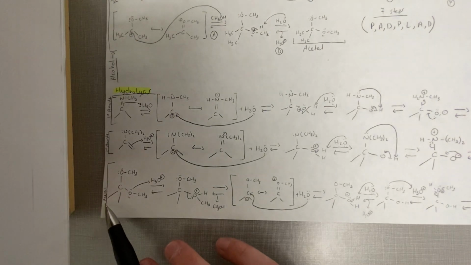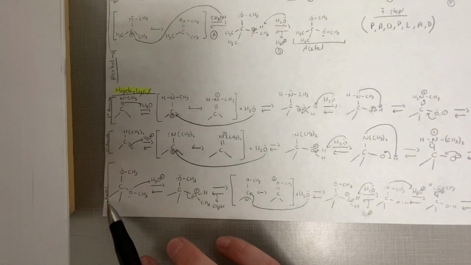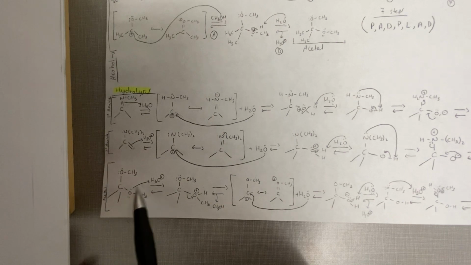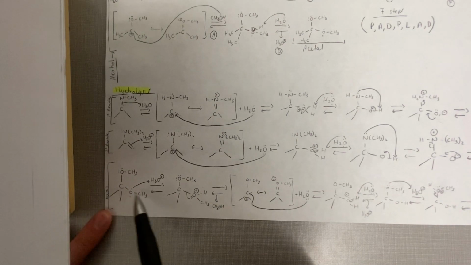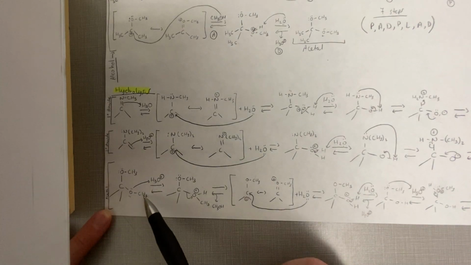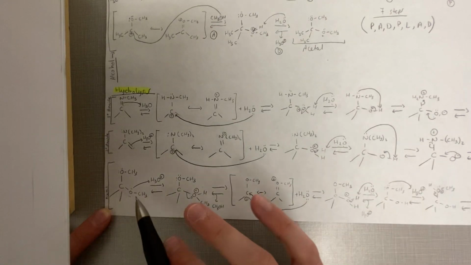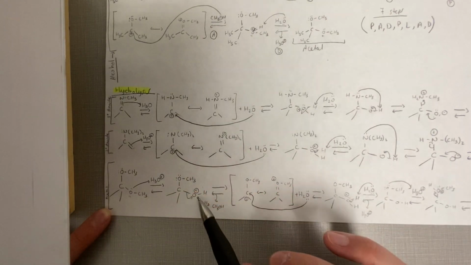Now, for the hydrolysis of an acetal, we start by protonating one of the CH3O groups here. So we protonate it, give it a positive charge.